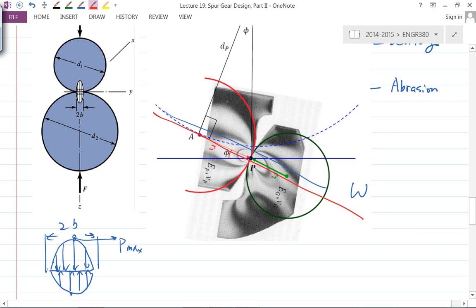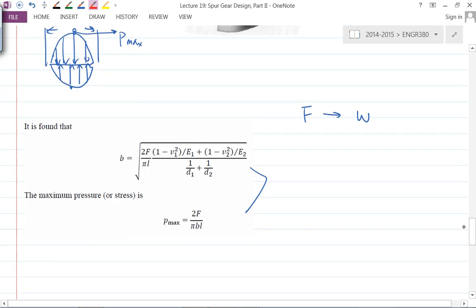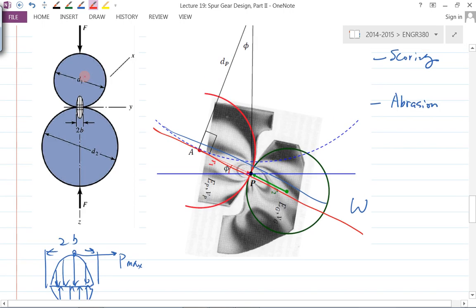Yeah. And in this formula here, there's D1, D2. And D1, D2 represent the diameters of the two cylinders. So in my case here, I think I can use what? This is the diameter of the two cylinders, right? So we can draw two cylinders or two circles tangent to each other at this location and here, right?